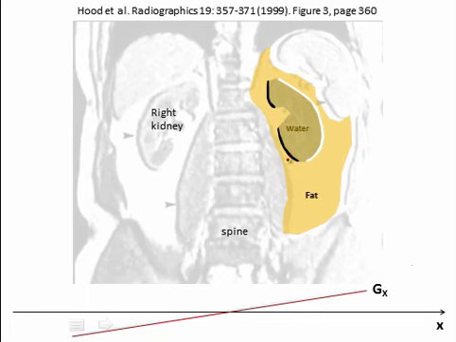And let's just look at the dark band. If the gradient were in the Y direction, the position of the dark band at the top or bottom of the organ would depend on the polarity of the gradient in the Y direction.